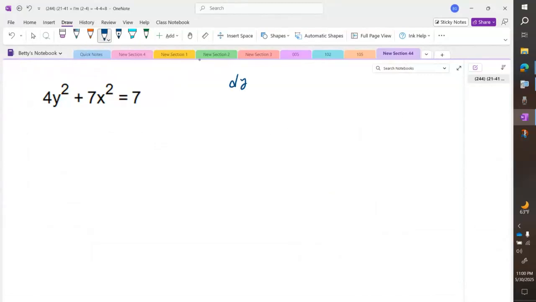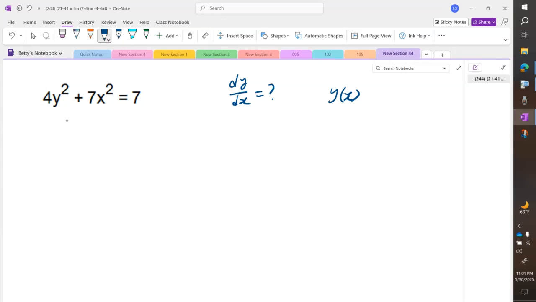We are looking for dy dx, right? So knowing y is a function of x, y depends on x. When we take the derivative, we take the derivative of each single term in the equation. But when we have a y, we need to have a dy dx by the end. When we only have x, we don't have to worry about that.